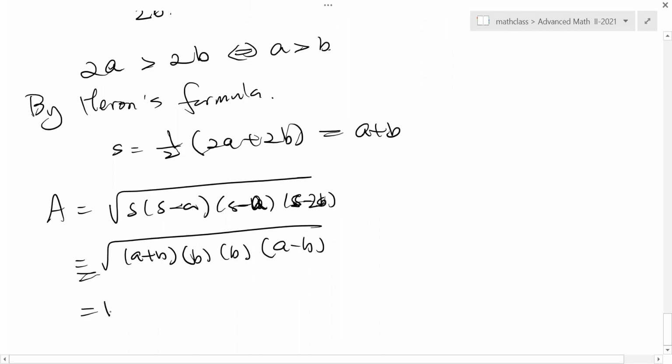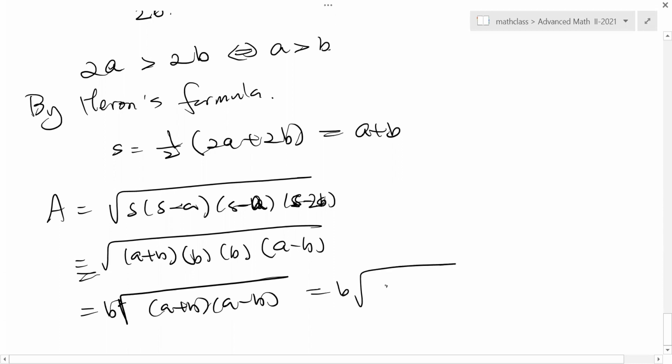So you have a B squared taken out, so just B, and A plus B, A minus B, okay? Or you can write this as A squared minus B squared. So that is the expression for the area in terms of A and B.